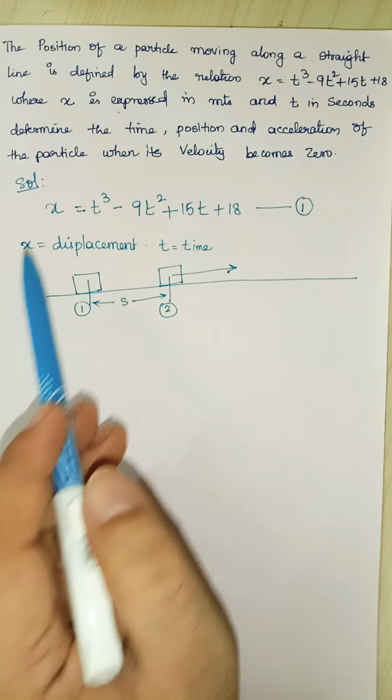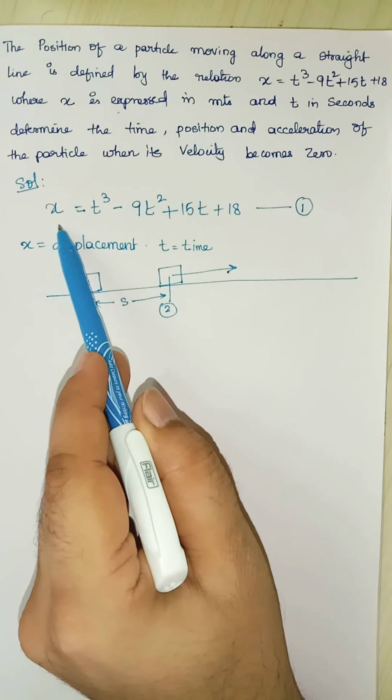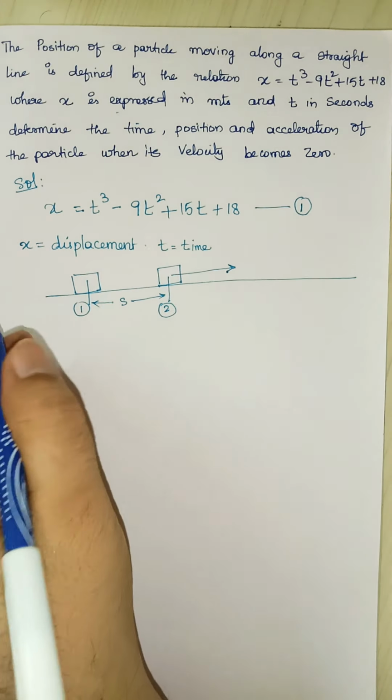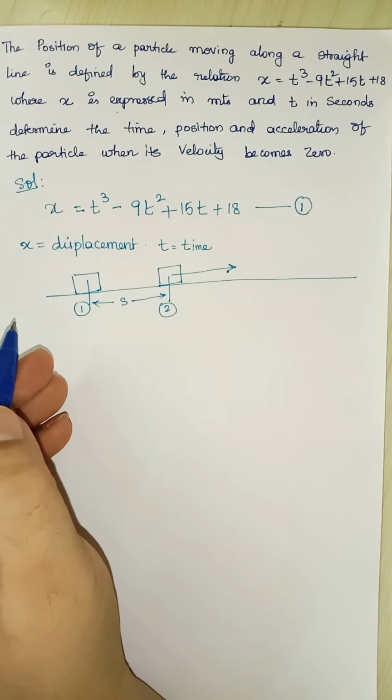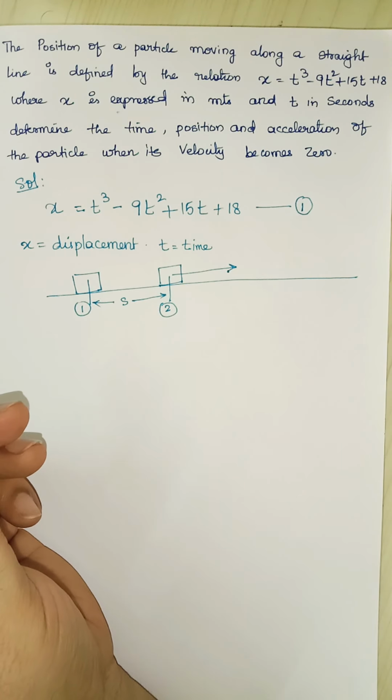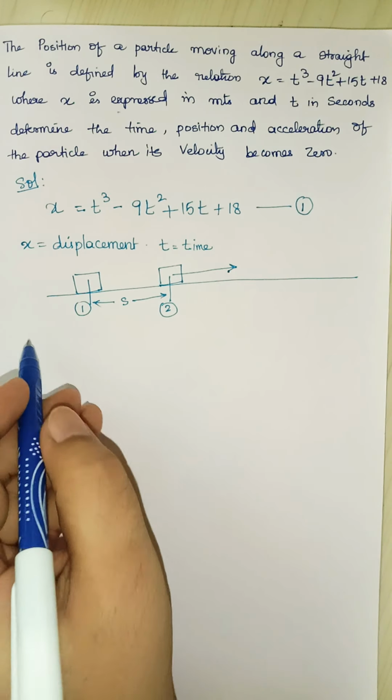Now, as the first equation is the displacement, we need to find the velocity. How do we find the velocity of a particle when the displacement equation is given? From the lower classes, we have learned simple things.